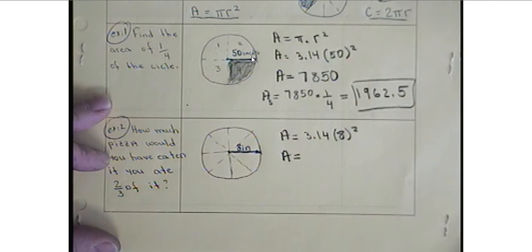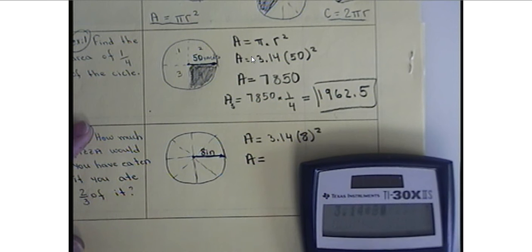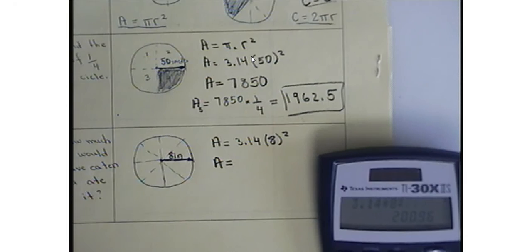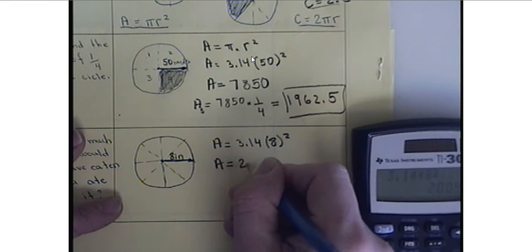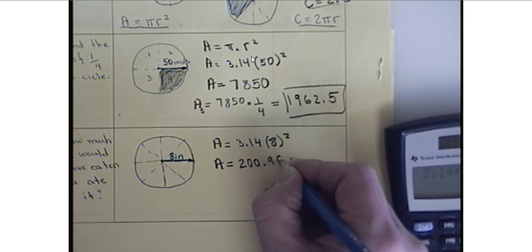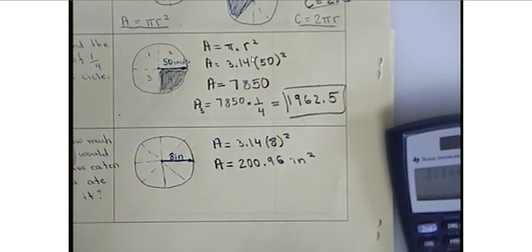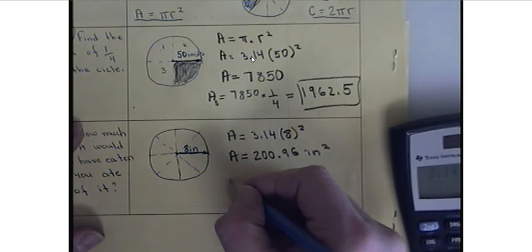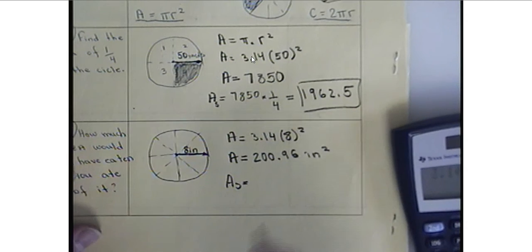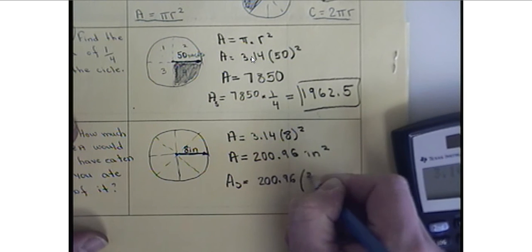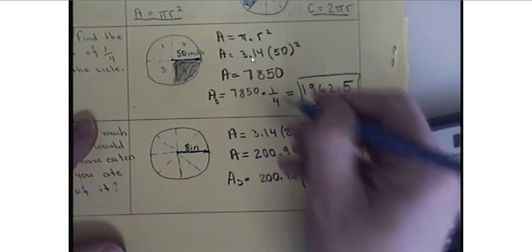So let's calculate that. 3.14 times 8 to the second will be equal to 200.96 square inches. So this will be the total area, and then the area of the sector will be 200.96 times 2/3.